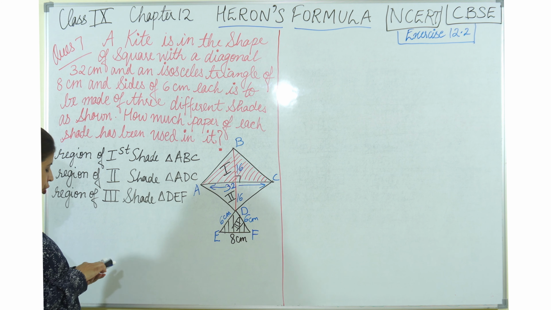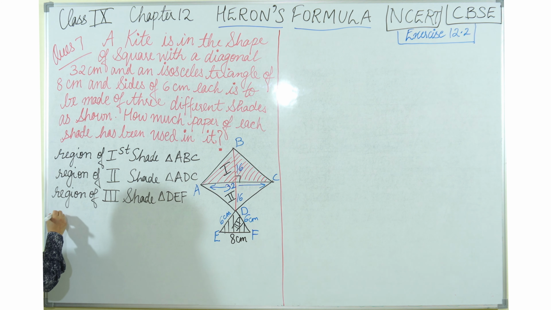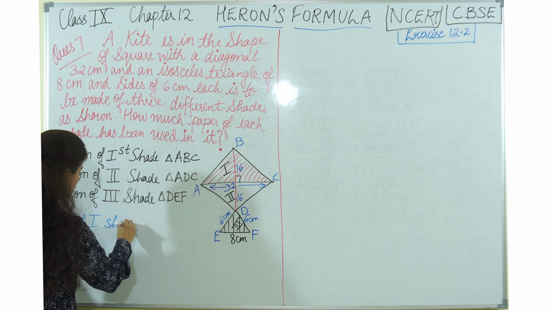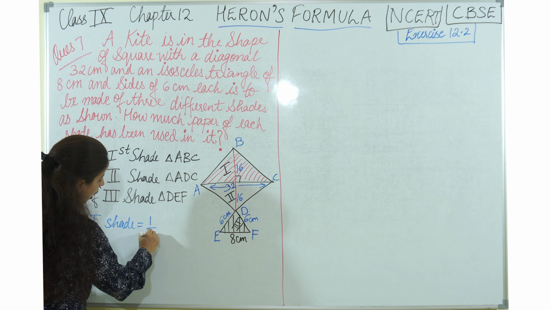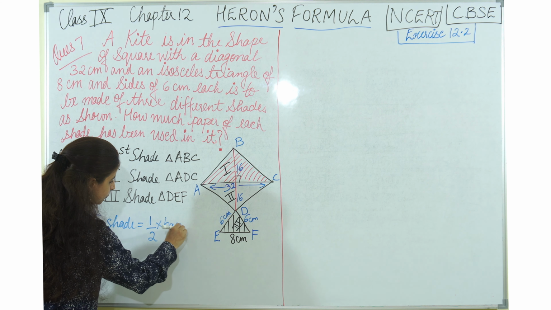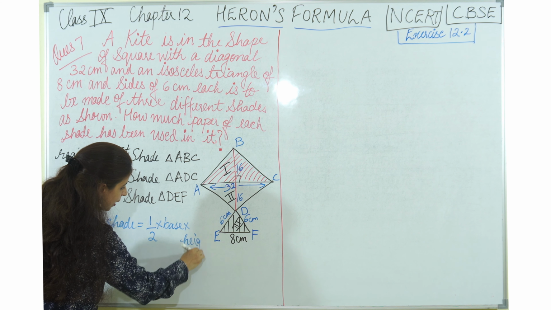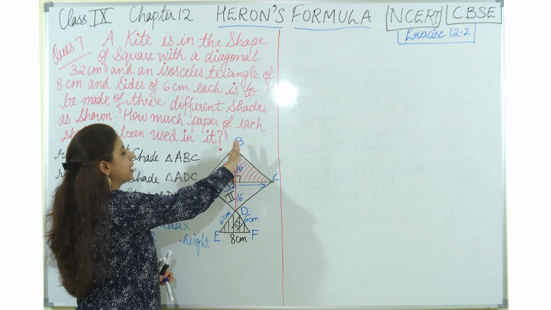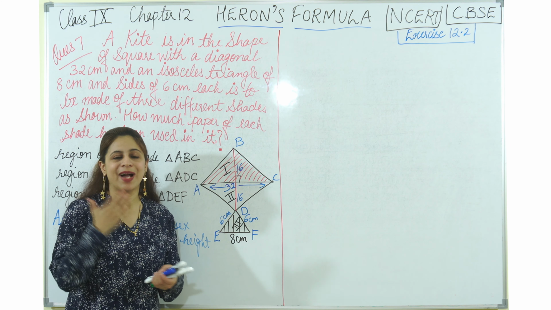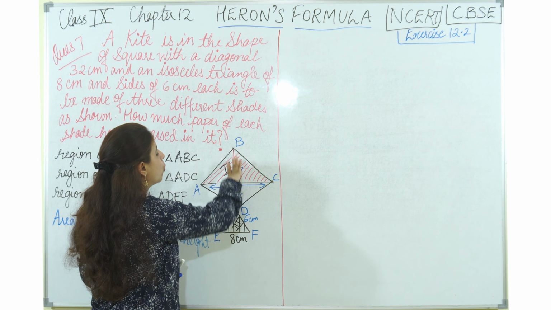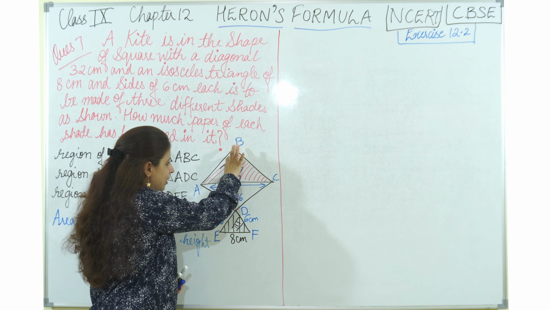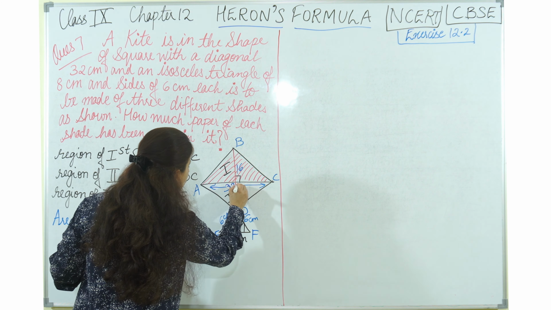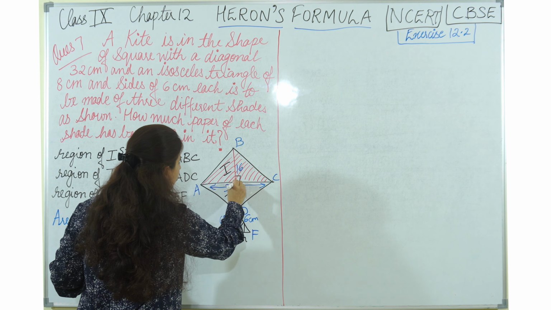So the area of first shade will be equal to half base into height. The base we already know is 32 and height we can take as 16 because both the diagonals bisect each other. So when the diagonals are bisecting, the whole diagonal is 32, so it will be bisecting 16 and 16. So the height here we can mark as O, the meeting point of the diagonals.